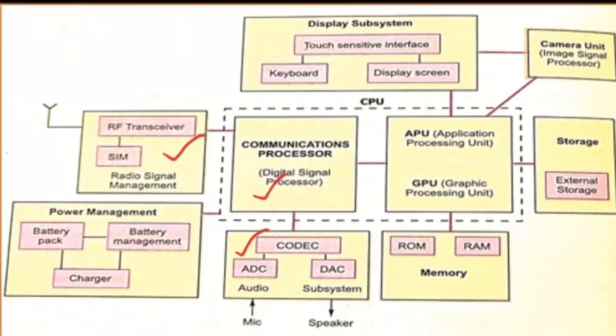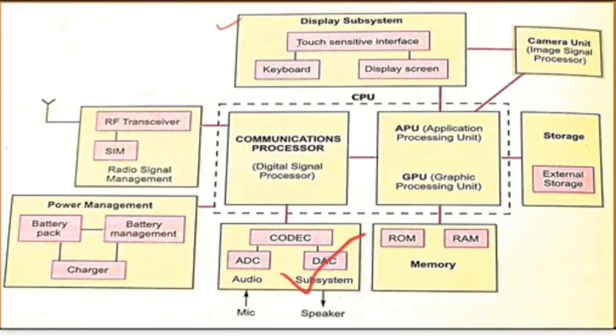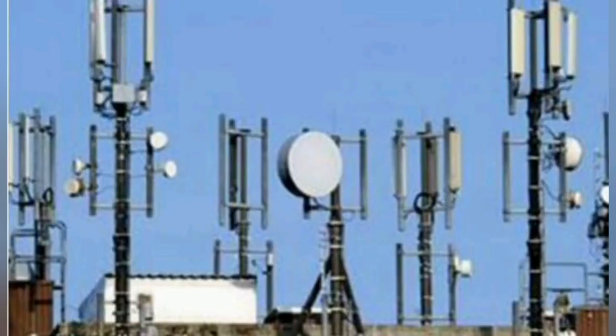The RF transceiver is inside this Radio Signal Management Unit, that is the radio frequency transceiver. An RF transceiver is a small electronic device used to transmit and receive radio signals between two devices. This radio signal management unit is also responsible for connecting the SIM to the base stations through radio signals. A mobile phone base station is a transmission and reception station in a fixed location.